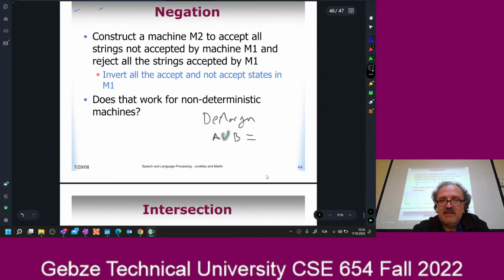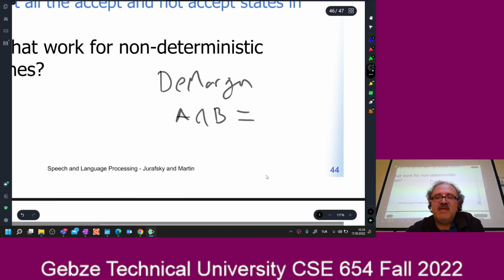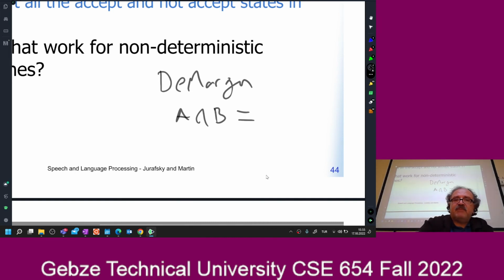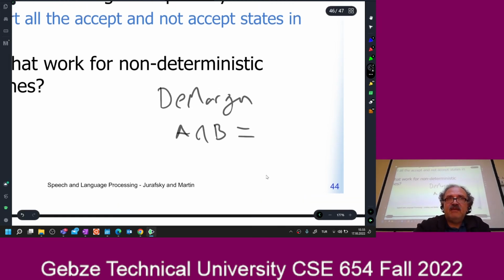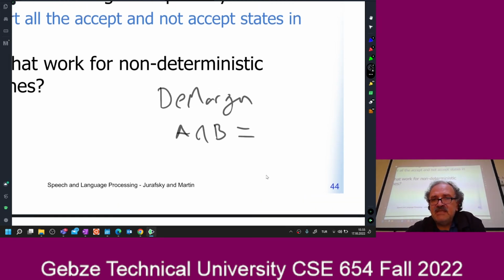Or maybe let's do this: A intersection with B. I am going to write a finite state machine that will accept only the words that will be accepted by both A and B. So how am I going to do this?